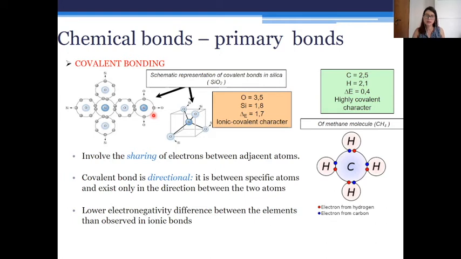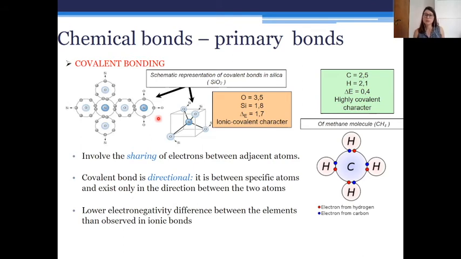We will have this kind of covalent bonding. Covalent bonding is directional because there is this sharing of electrons in one specific direction between the two atoms. It exists only in the direction between the two atoms, so in the direction of the closest distance between one atom and another.